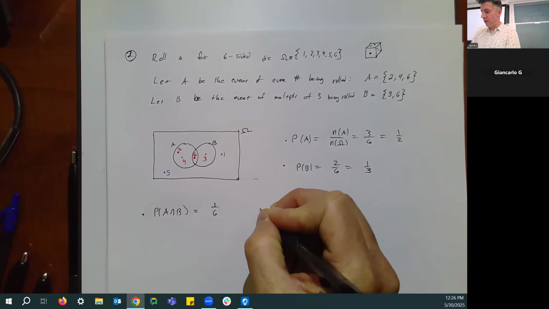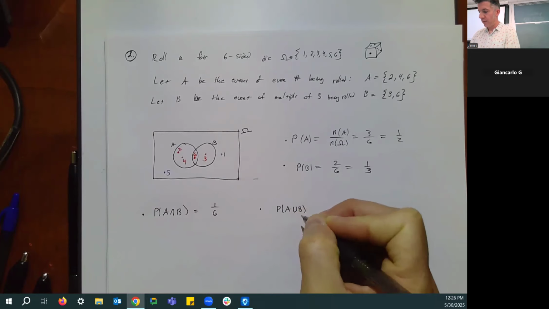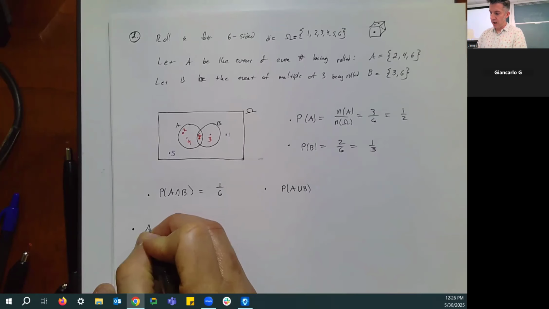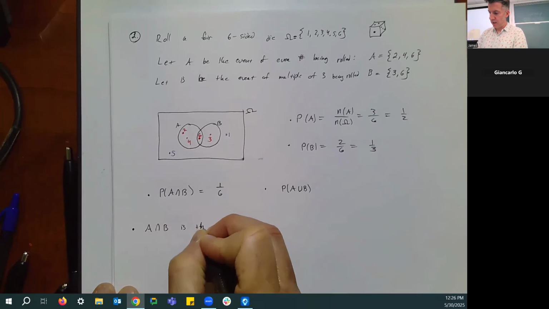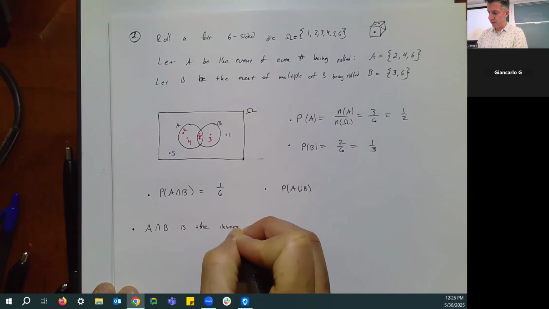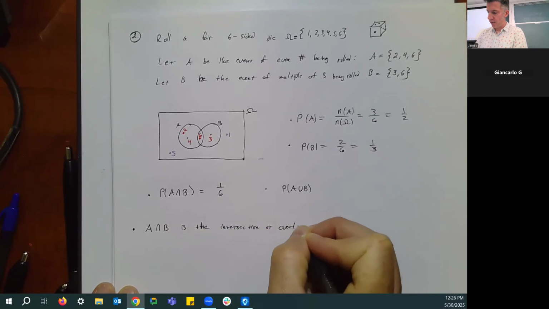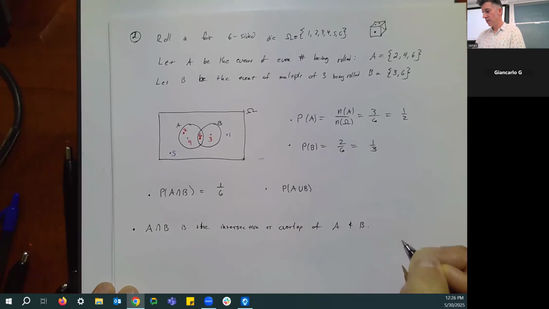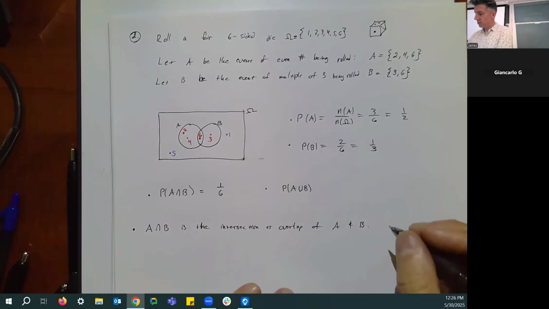There's also the probability of A union B. So I should just say more down here for a moment. A intersect B is the intersection or overlap of A and B. In other words, an element has to be in both sets to be in the intersection.